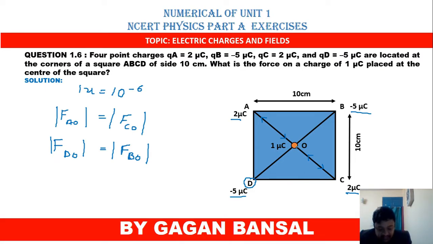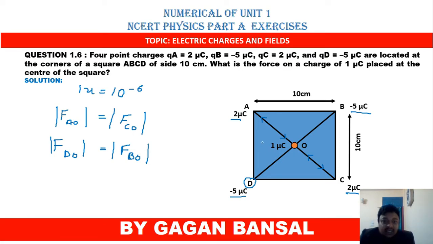So we can say that in the way in which A and O and C and O are equal in magnitude, in the same way the forces between D and O and B and O are similar in magnitude but opposite in direction. So they cancel each other.